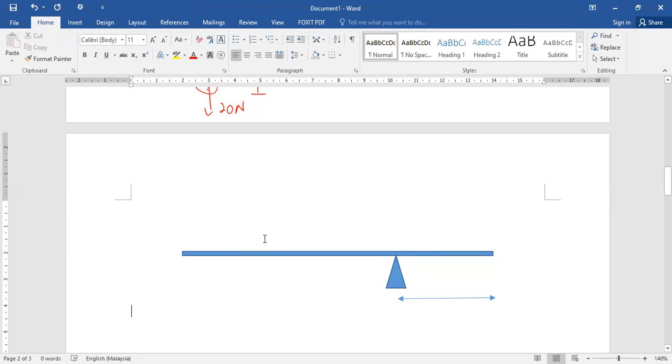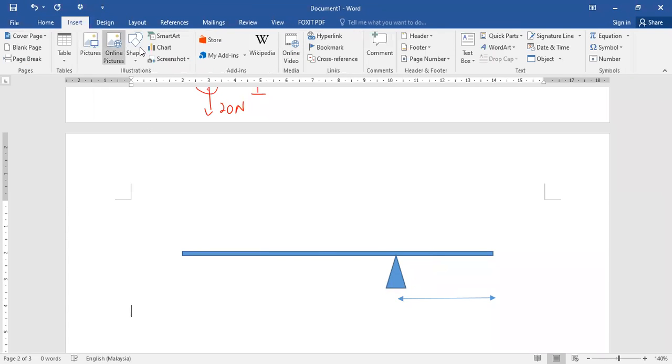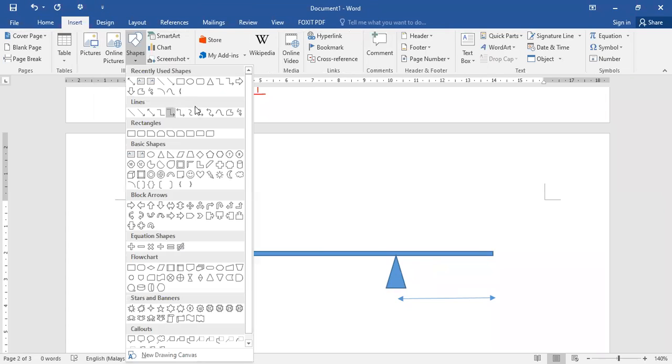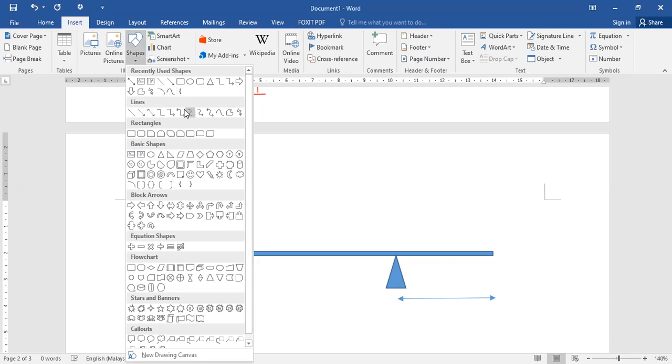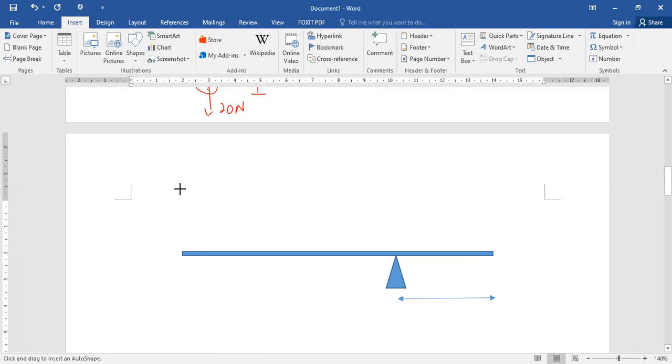And don't forget the weight of the rod. Is it mentioned the weight of the rod? The weight of the rod is 50 Newton. So 50 Newton, what is the total length? They said that total length is equal to 2 meter, right?